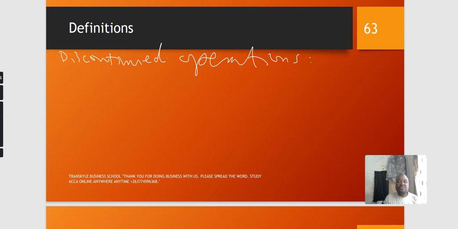This standard talks about something else that is important, a component. Let me just try to locate the definition from the textbook here.